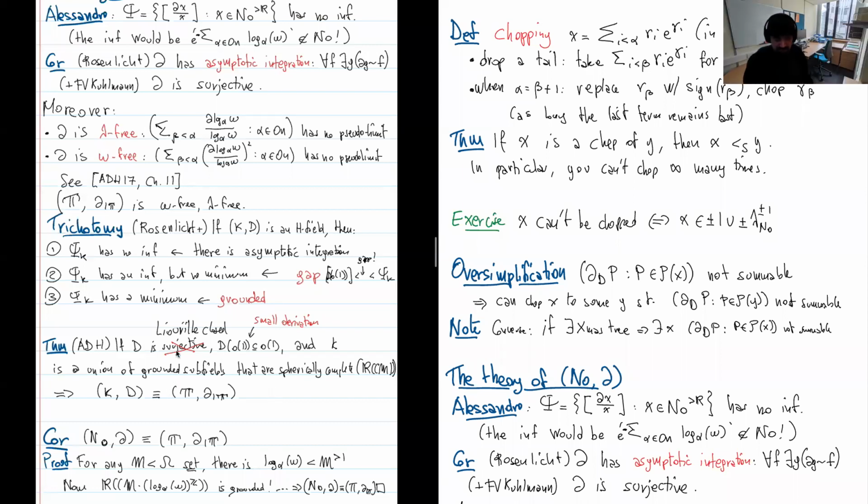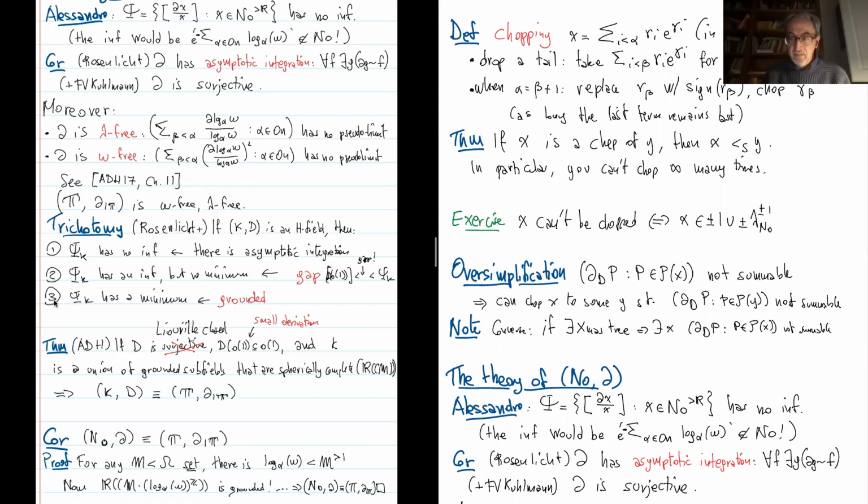Yeah, it could be, but then it wouldn't be surjective, because if you ground it, you don't have asymptotic integration. So you actually never have the trivial union. So the big field is in case one, and you write it as a union of fields of case three.